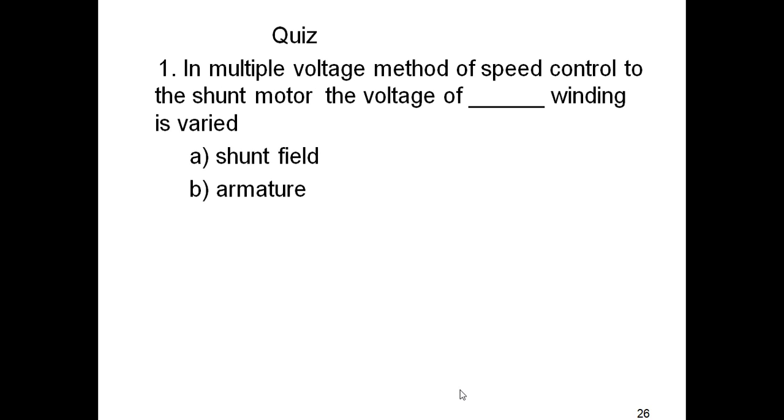Option B is armature winding. Option C is series winding. Option D is none. Yes, the answer is shunt field winding. To change the voltage, we have to change the voltage of shunt field winding.